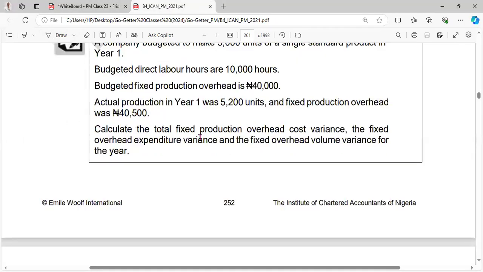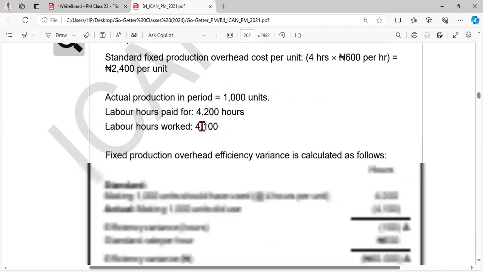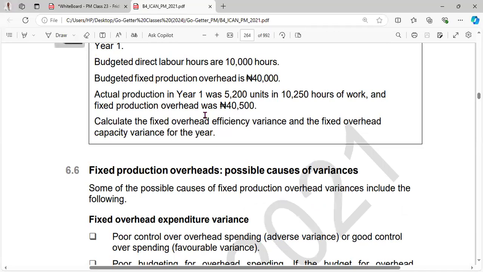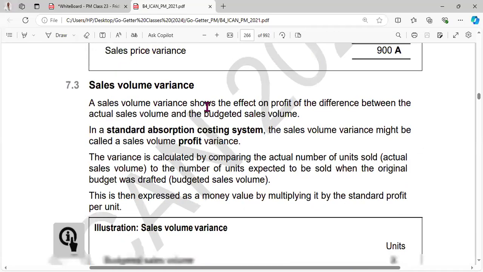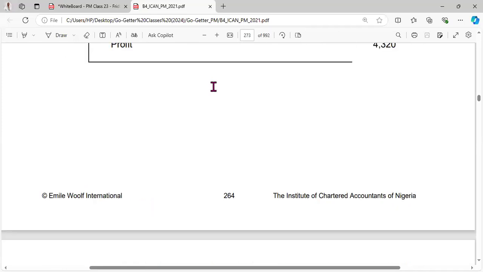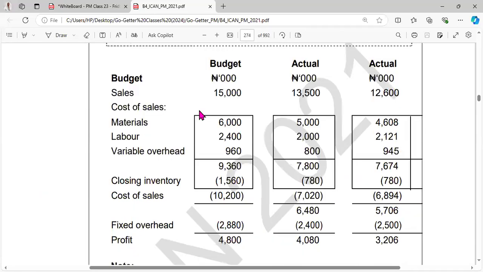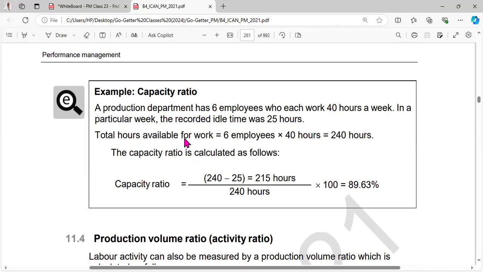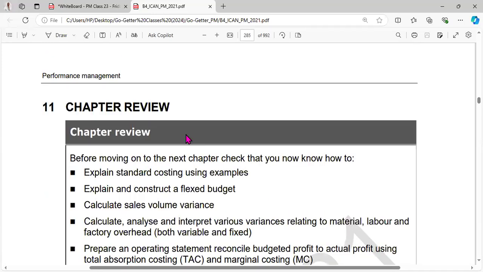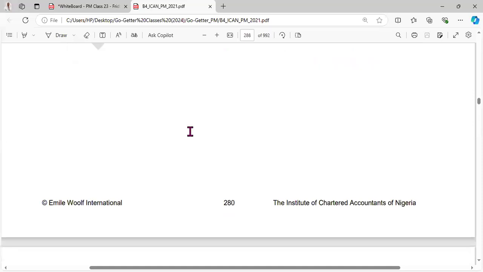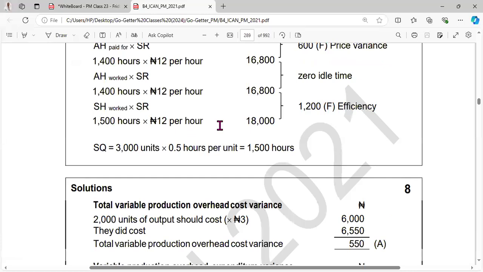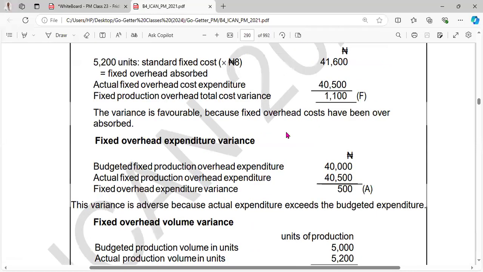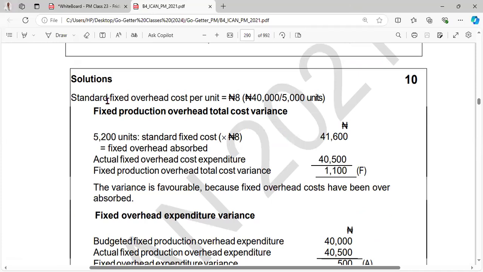Just a moment. Let's see how it is being answered for the sake of time. So this is illustration 10. Let's look at what they did here. Standard fixed overhead cost per unit.